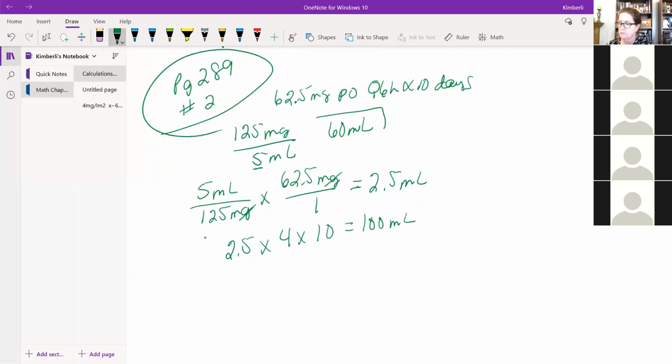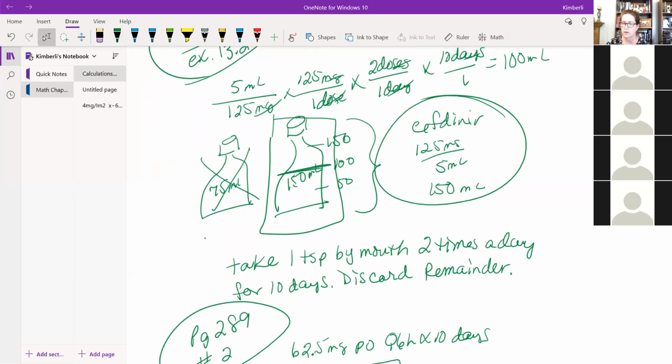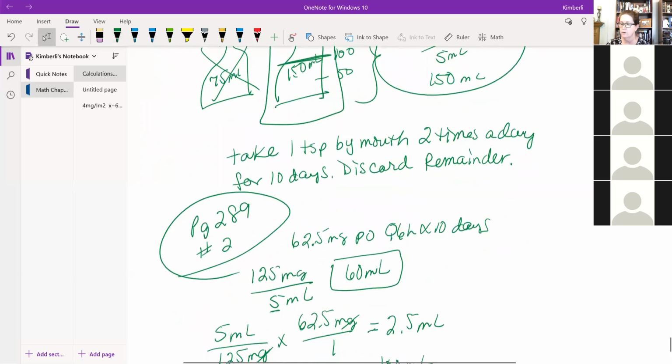How many bottles would need to be dispensed for this prescription? The bottle's 60 milliliters. Almost two bottles. Yeah, and remember, for outpatient pharmacy, we can't break these bottles. They have to have the whole thing. Because remember up here, we're just going to waste it otherwise. So they're going to get the whole 150 milliliters.